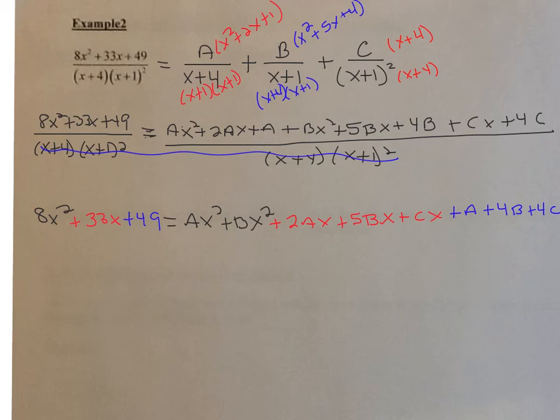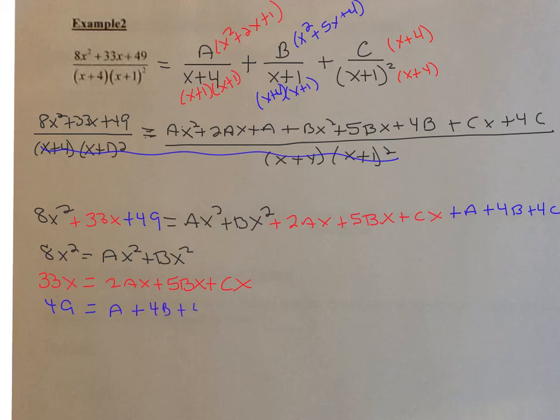Now I'm going to take my x squareds and set them equal to each other. So I have 8x² equals Ax² + Bx². Take the x terms and set them equal: 33x equals 2Ax + 5Bx + Cx. And my constant, 49 equals A + 4B + 4C.